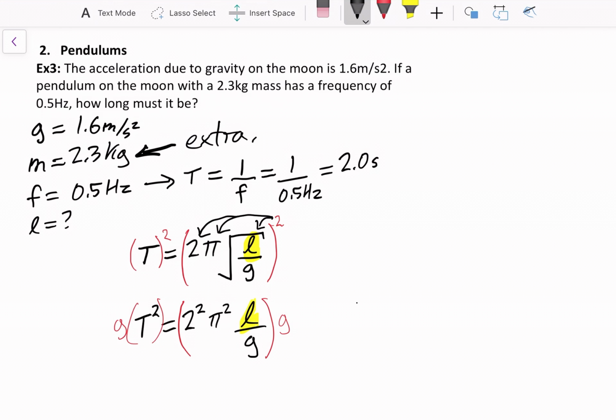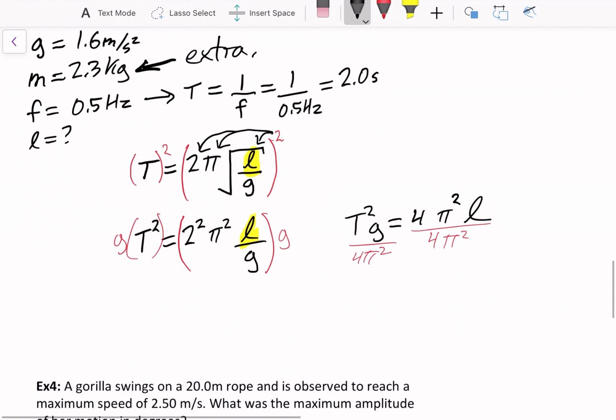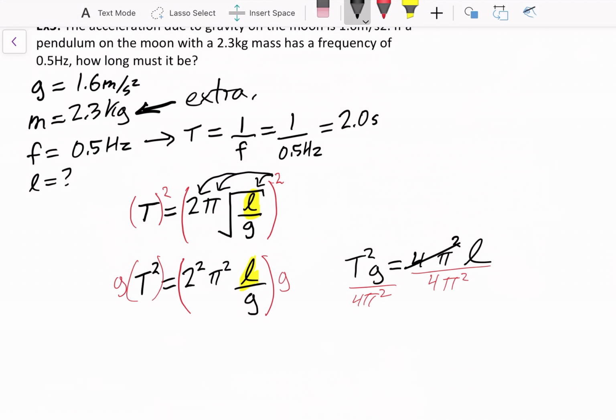So we have T squared g is equal to 4 pi squared times L. Then we can divide both sides by 4 pi squared, and we can cancel that out. So our length is going to be equal to T squared times the acceleration due to gravity, divided by 4 pi squared.